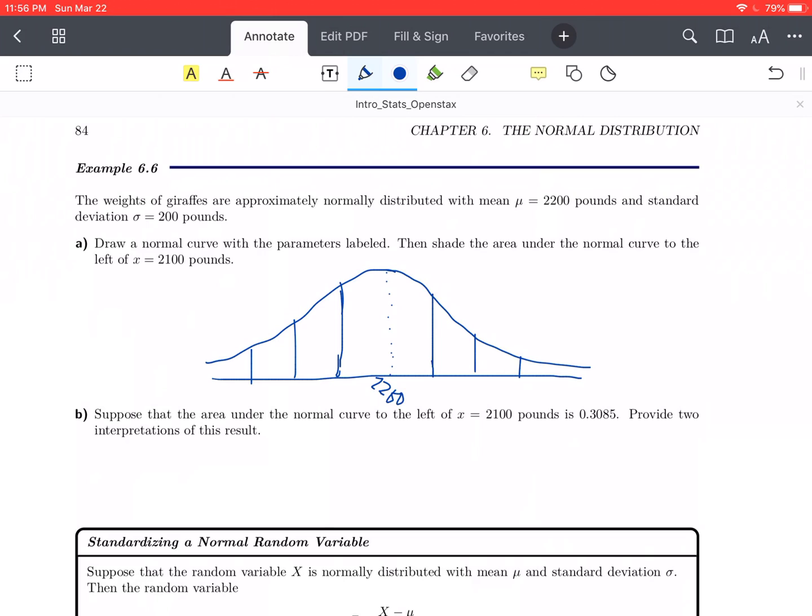And our standard deviation is 200, so every time we move up or down one of these bars, we're moving by 200 units. So 2,200 plus 200 is 2,400, plus another 200 is 2,600, another 200 is 2,800. If we go down, 2,200 minus 200 is 2,000, then 1,800, then 1,600.